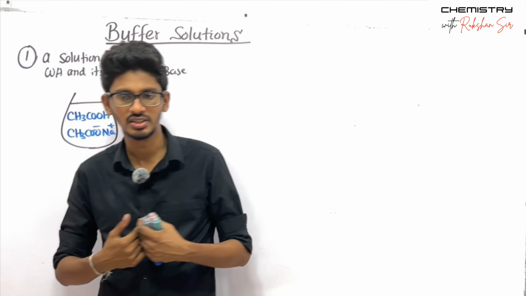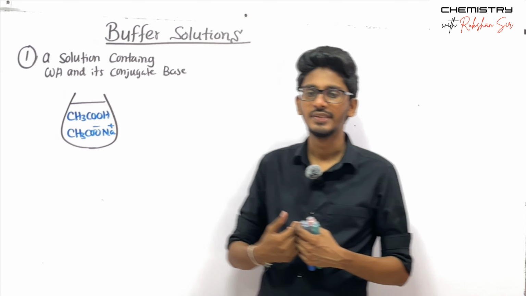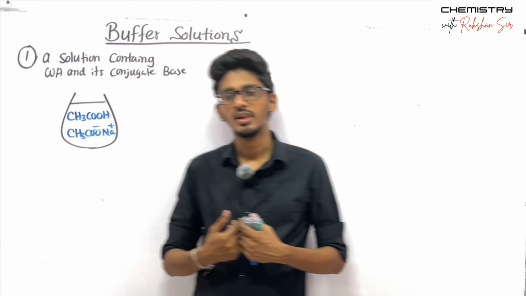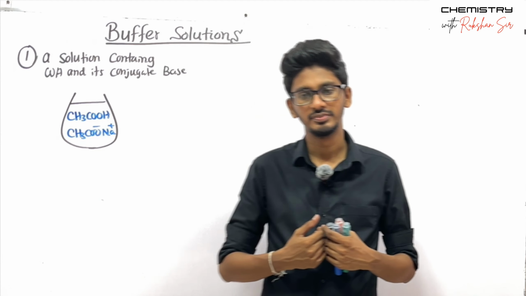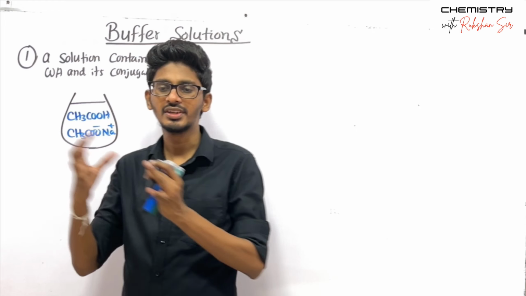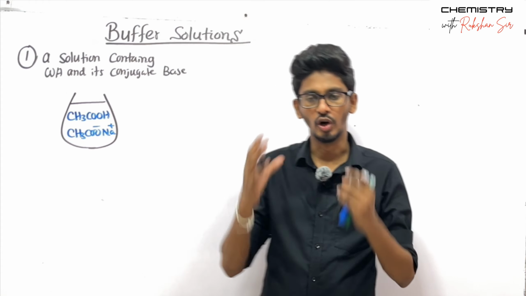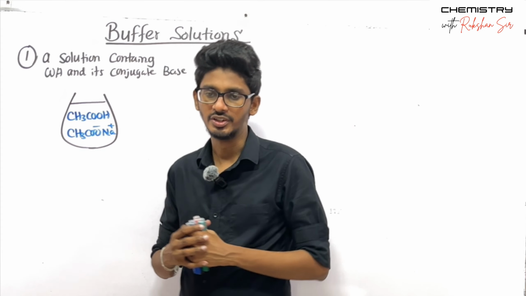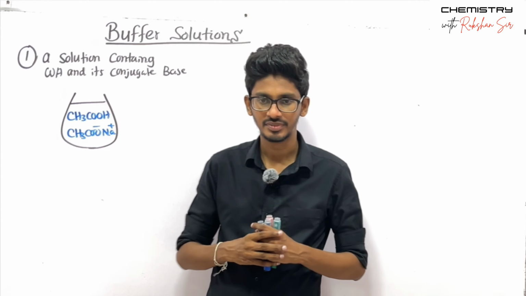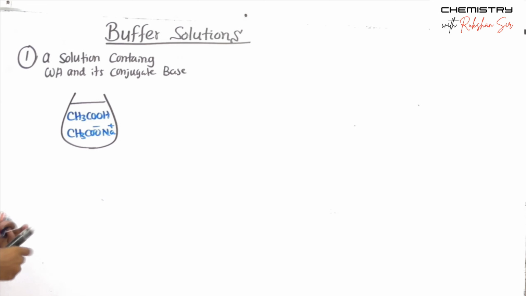And then you have to mention if you add some OH minus from a strong base, that OH minus will be consumed, totally reacted by the weak acid in the solution. And finally, you have to mention that as those H pluses and OH minuses are neutralized by the species inside the solution, you won't observe a considerable pH change. Those 3 points should be mentioned. Let's write those things. So if they have asked you to explain buffer action of this solution, these are the points to count.